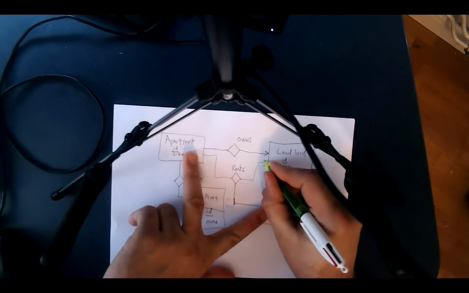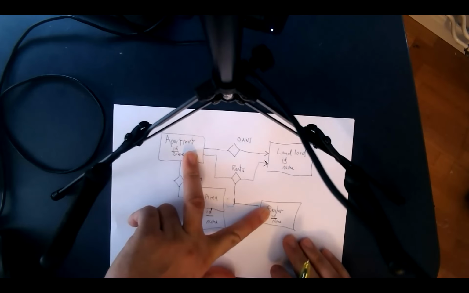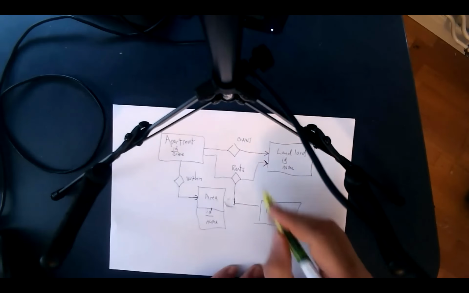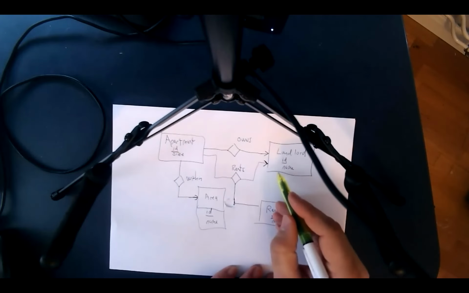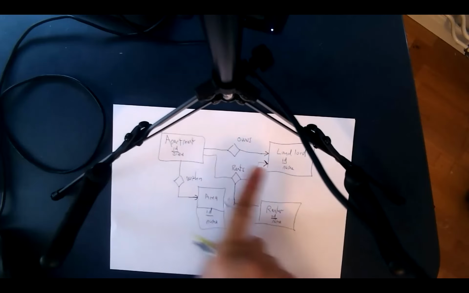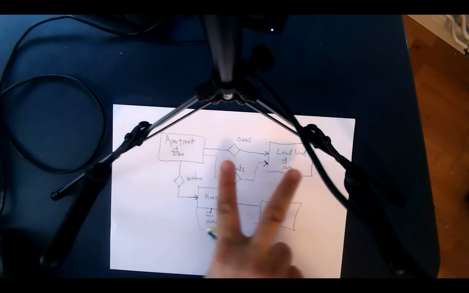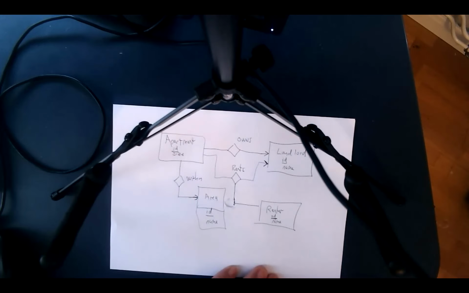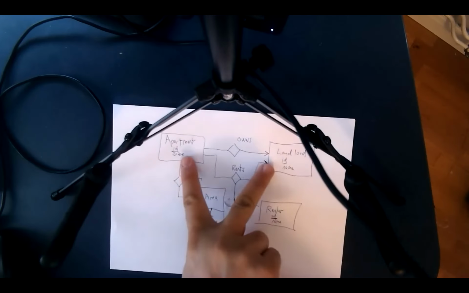So I'm going to put an arrow there. Alright, I'm going to make it an arrow like that because not every renter and apartment pair has to map to a landlord. If I take the landlord and the apartment, would that determine the renter?